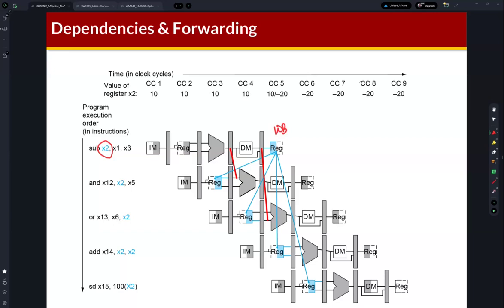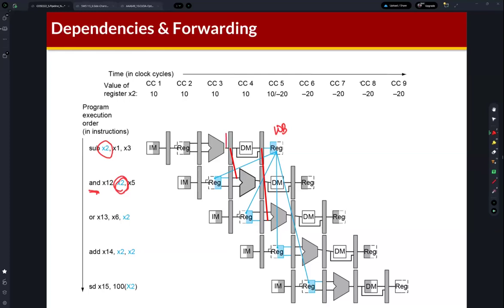and we already learned that using data forwarding, the result of the ALU can be provided to the next instructions, right? So this is the very next instruction, the and instruction, and it requires the x2, right?